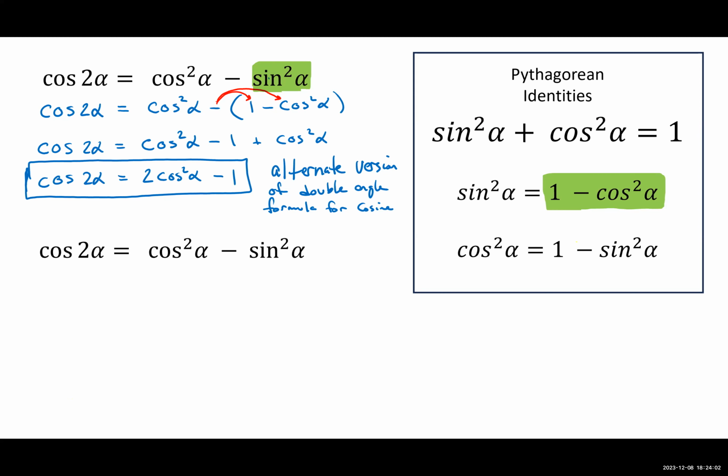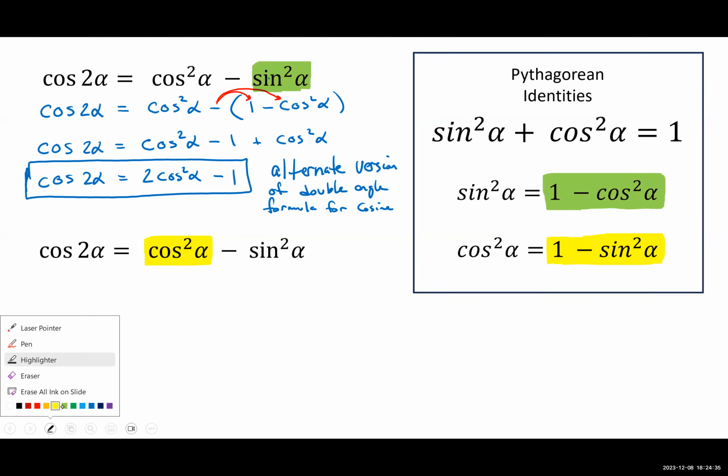And we could have just as easily used this other version of the Pythagorean identity, where cosine squared is 1 minus sine squared. So yellow to yellow. That yellow cosine squared alpha, we could replace with 1 minus sine squared of alpha.